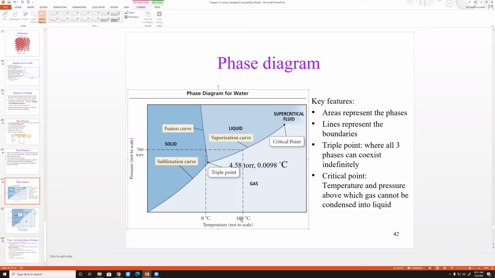If you have a pressure of 760 torr, which is 1 atm, your boiling point is 100 degrees. If you have a higher pressure, your boiling point is higher. Let's say if it's 800, it's probably around 110, because you're going to need more energy to overcome the forces put on you by the increased pressure.